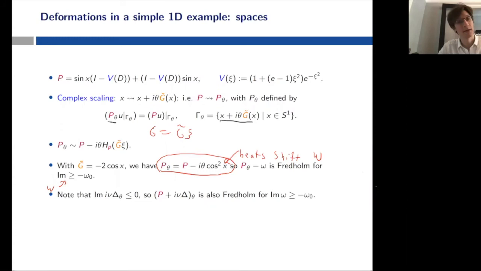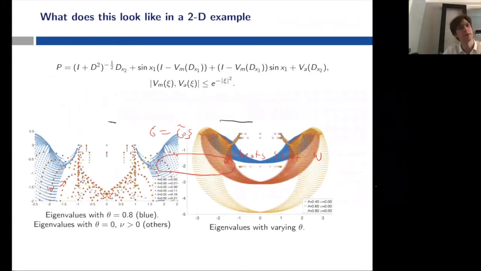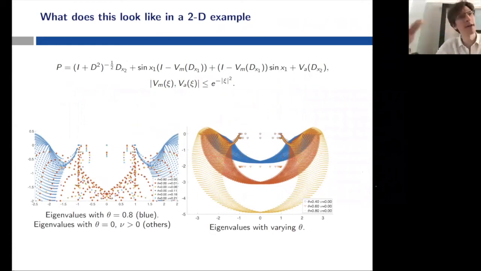Okay, so let me again show you some pictures. So now I'm looking at a slightly more complicated problem, a two-dimensional problem, right? You'll see that this part here is the same as the one-dimensional problem I had before. This should be a 1, well, it could be anything.